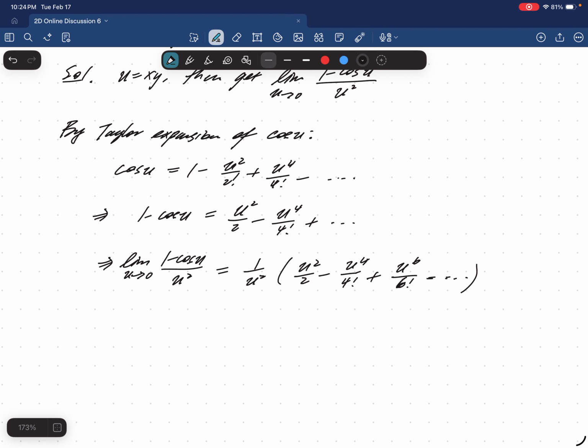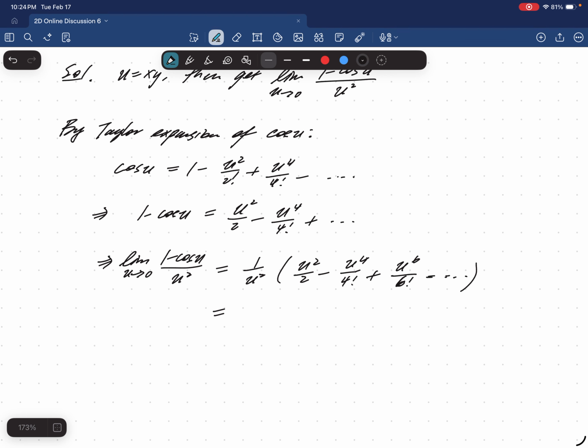So my u squared would cancel with all these terms in my infinite sum. So I'm getting that this is the limit of u going to 0 of 1/2 minus u squared over 4 factorial plus u to the 4th over 6 factorial minus, again, higher order terms.